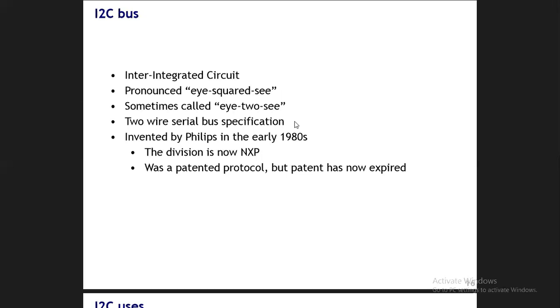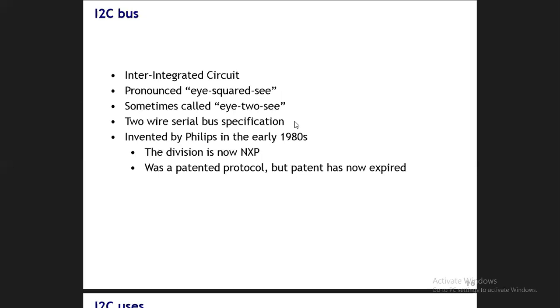Now, when it comes to the background of this protocol, I2C was developed by Philips Semiconductors nearly 20 years ago, and it is a two-wire serial bus protocol, as we have just seen on the screen.